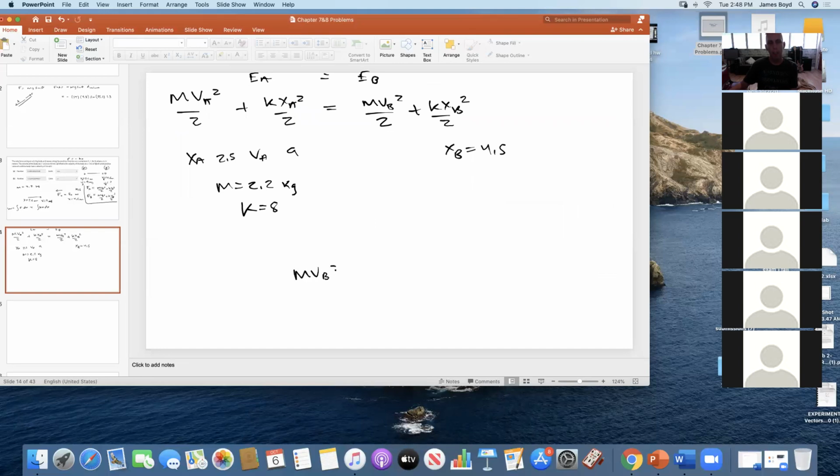We get m vb squared over 2 is equal to m va squared over 2 plus k xa squared over 2 minus k xb squared over 2.